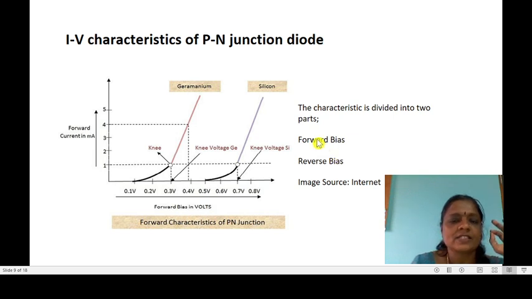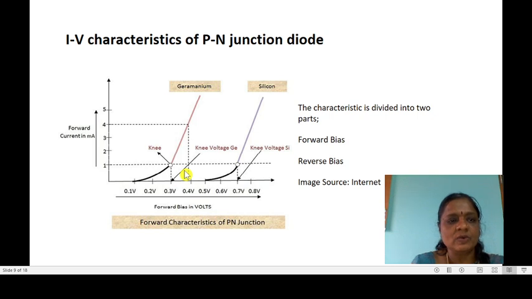When the circuit is connected in forward bias, you increase the voltage and note down the current value, and you get the forward characteristics. When it is connected in reverse bias, it is called the reverse characteristics. That we will study in the next slide.